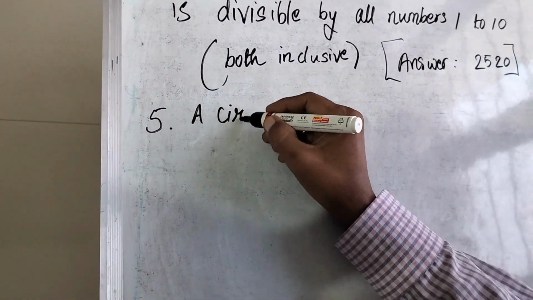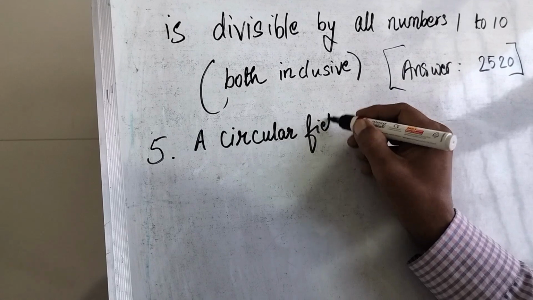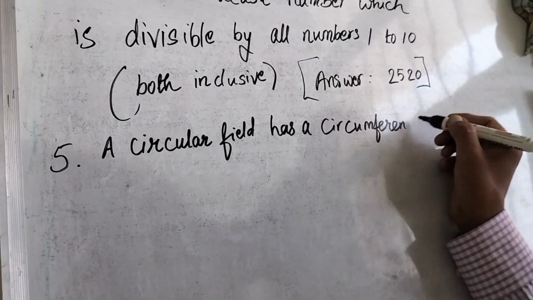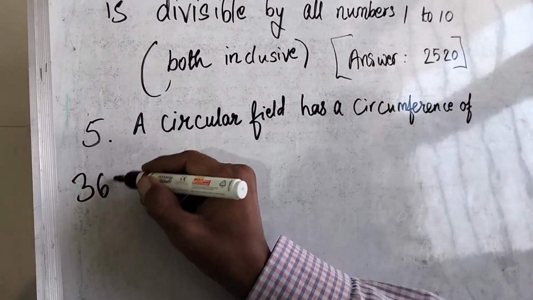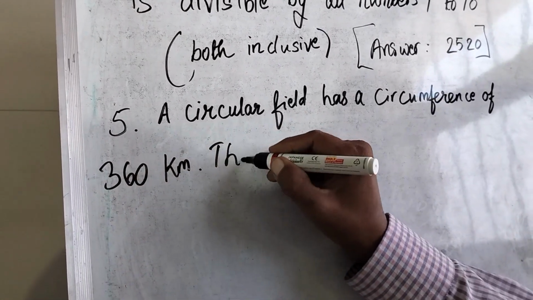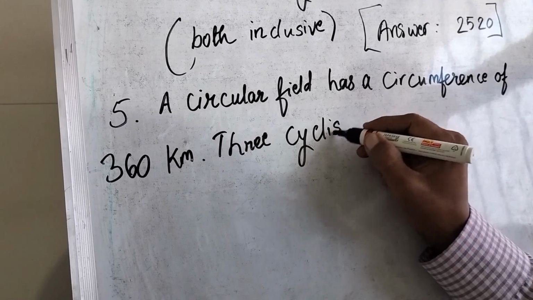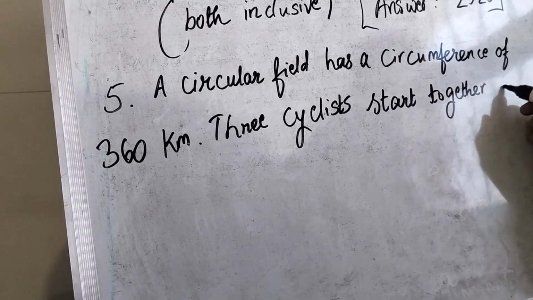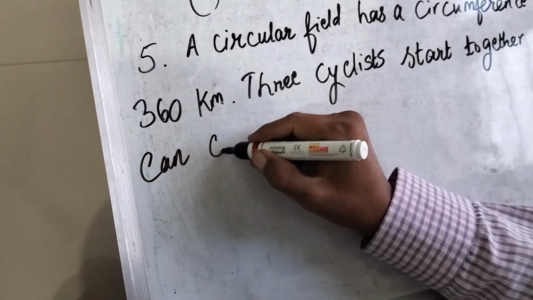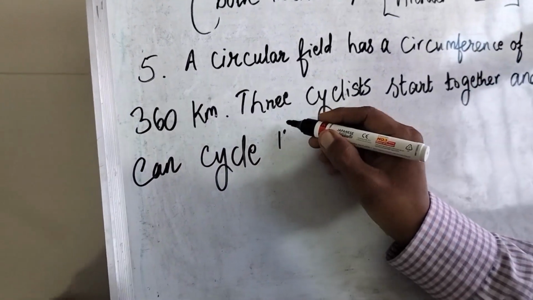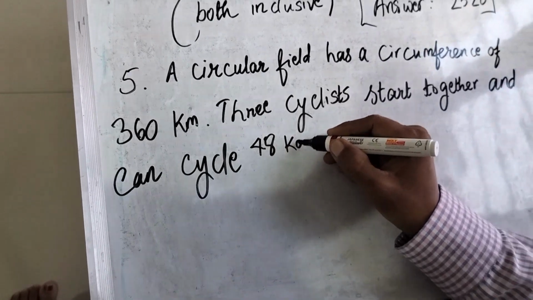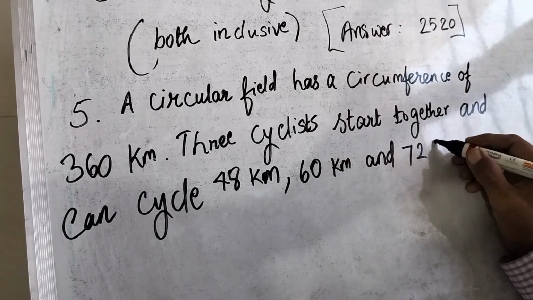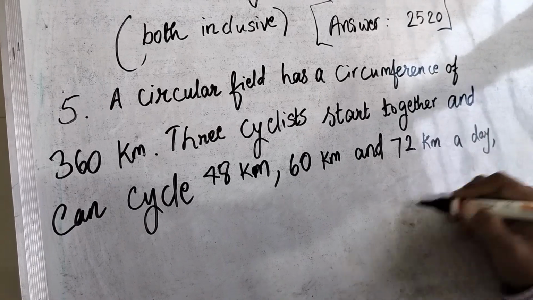A circular field has a circumference of 360 kilometer. 3 cyclists start together and can cycle 48 kilometer, 60 kilometer and 72 kilometer per day around the field.